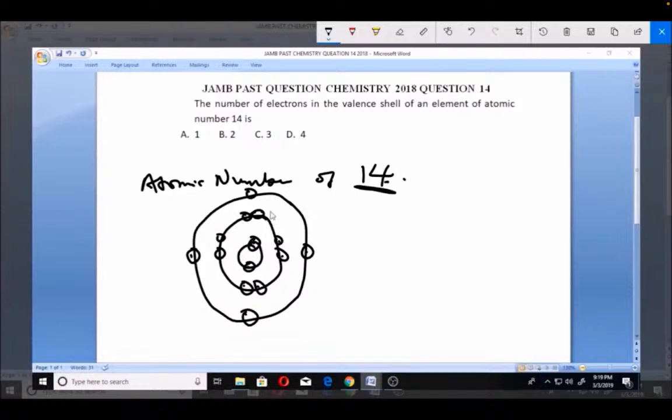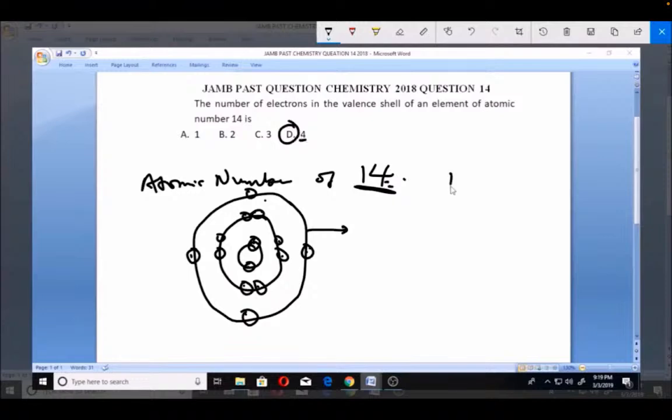Other electron shells will have 8, 8. The valence shell is the last shell. So this is the last shell, and this has completed the atomic number, which is 14. So how many electrons are on this valence shell? We have only 1, 2, 3, 4. So that makes D, 4, the answer.